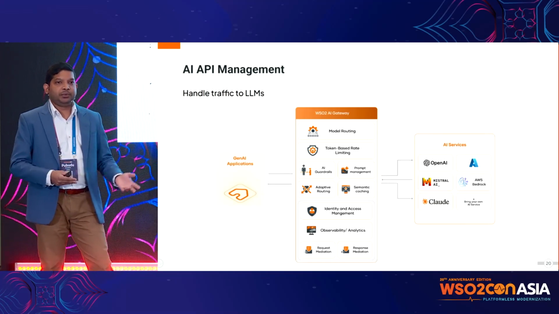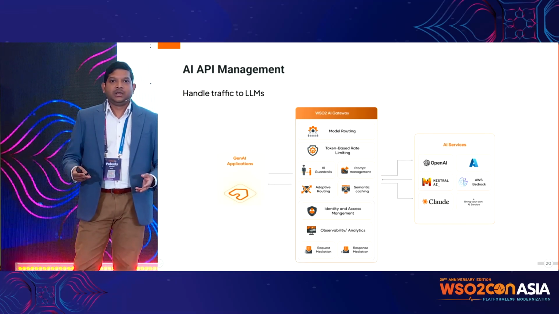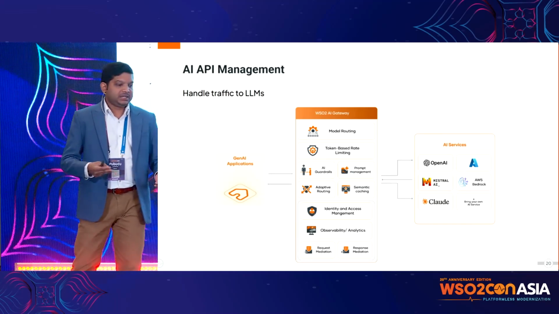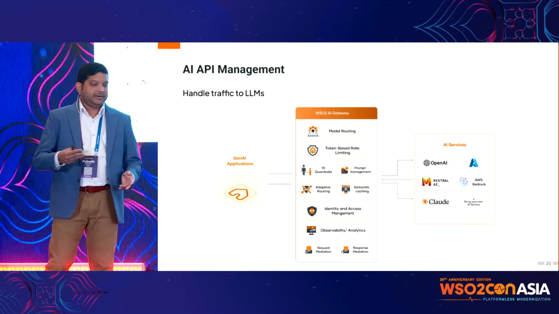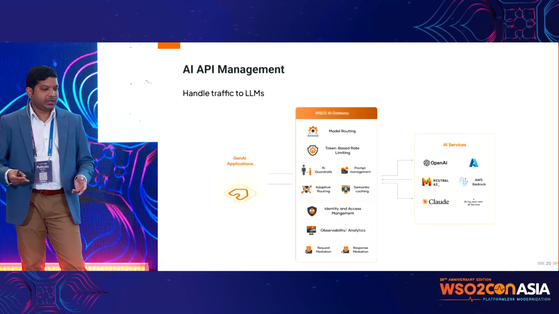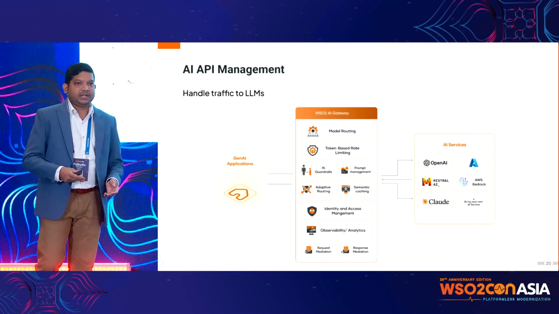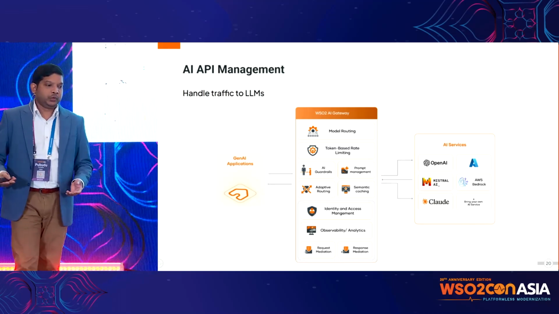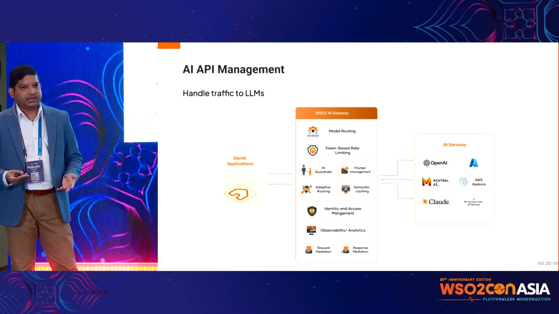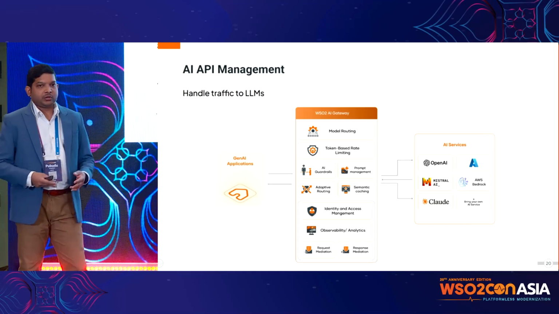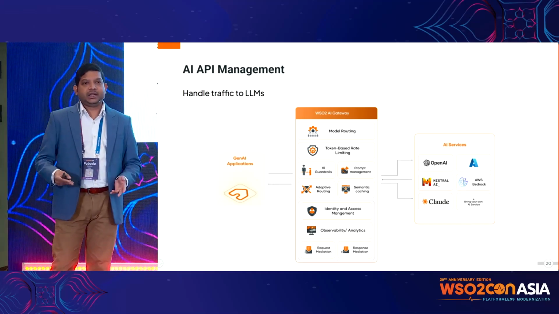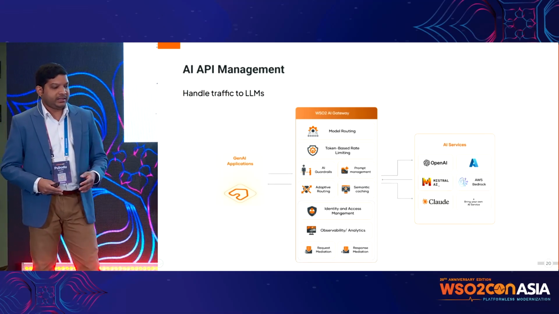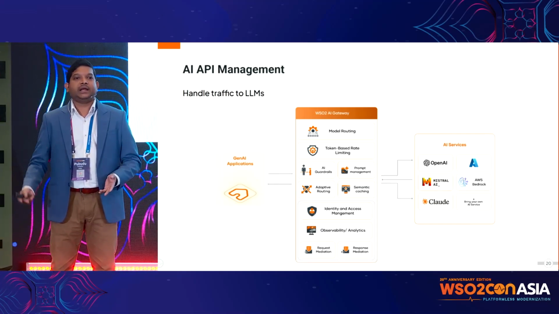This will help you utilize your models, and you can save some expenses as well. Then we have semantic caching, where you can stop overutilizing your backends. And on top of these, you have identity and access management where you can secure your APIs, and then we have observability and analytics.